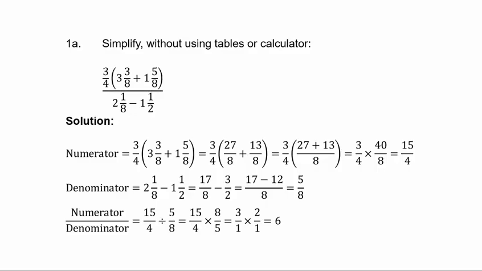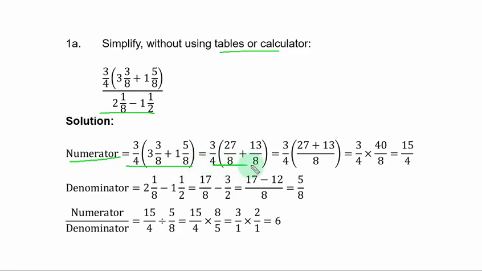Question 1A, simplify without using tables or calculator, this fraction. Let us start by taking the numerator first. The numerator is this. Convert the mixed fractions in the bracket to improper fractions.